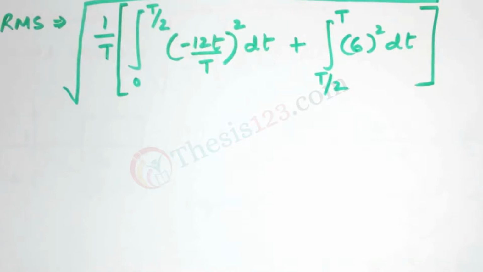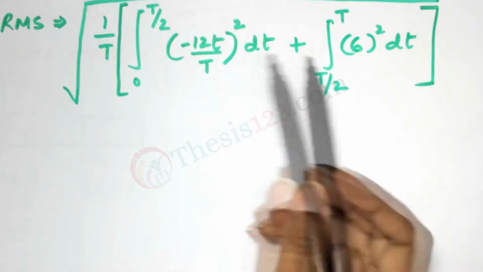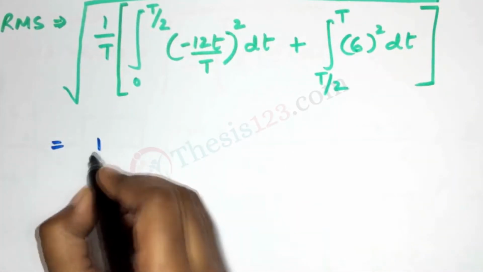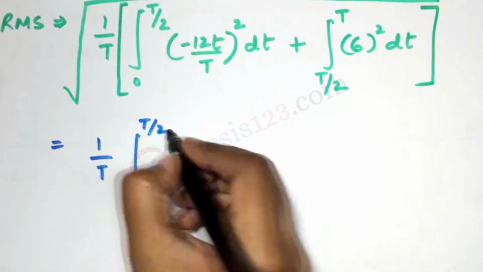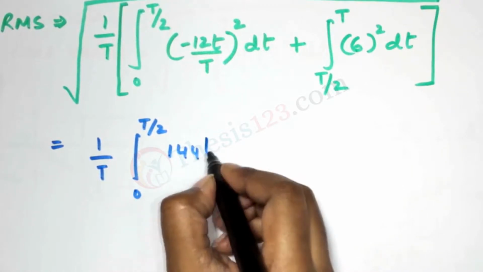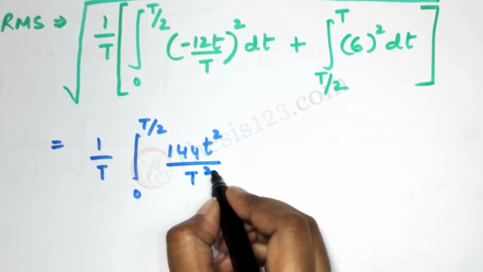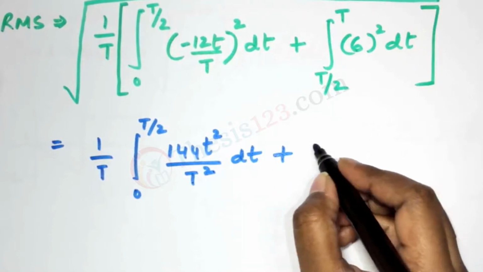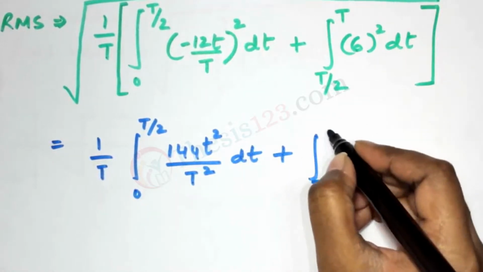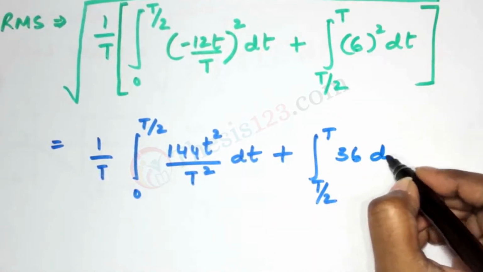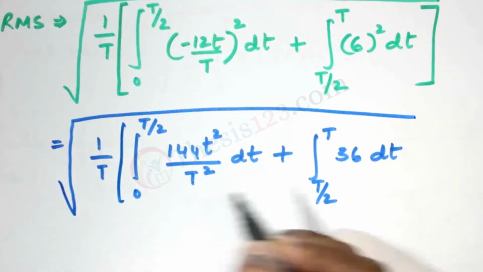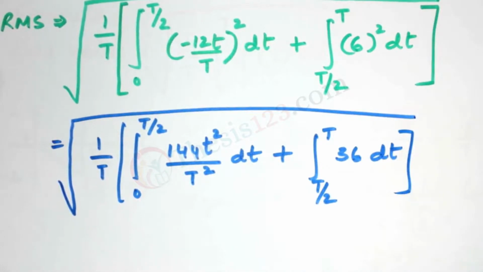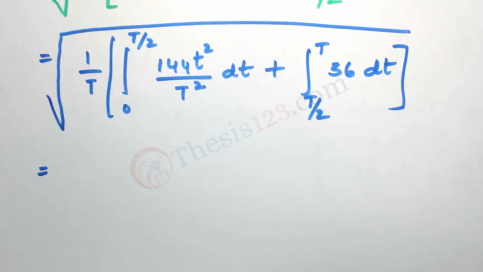So first, let's take care of the parts over here. Now what will we have here? We'll have 1 by T, integral 0 to T by 2, 144t square by capital T square dt, plus integral T by 2 to T, 36 dt. Okay, next.